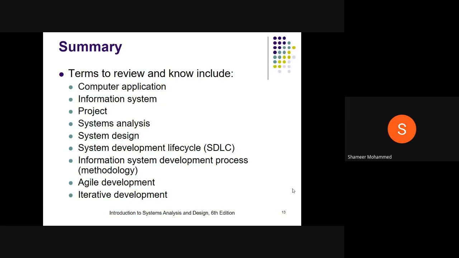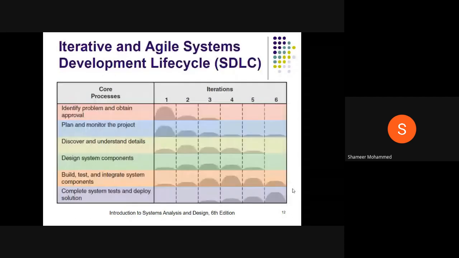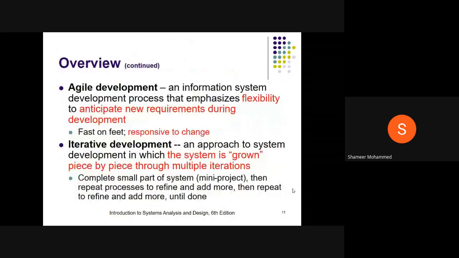Meeting, planning, okay, after that, like developing, testing, evaluating, like that. Information development process methodology, agile methodology, and iterative development. So these are the topics that we covered in our lecture 1.